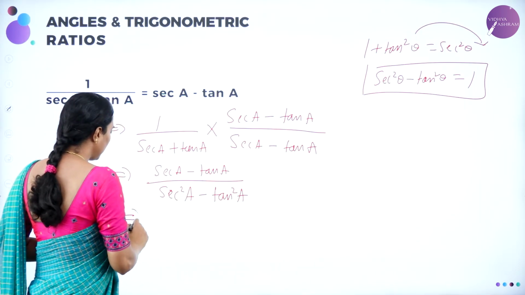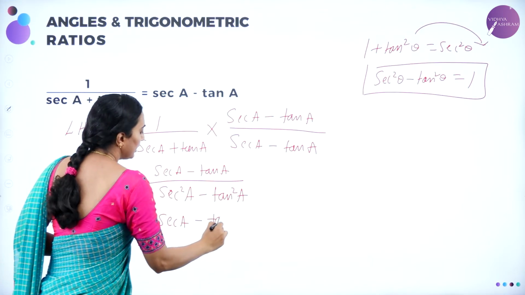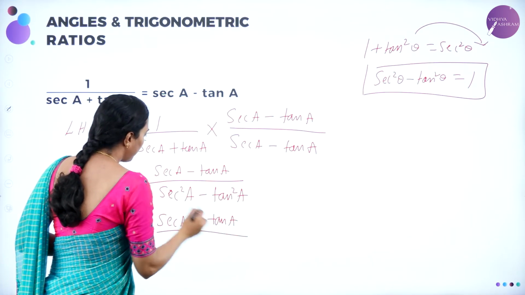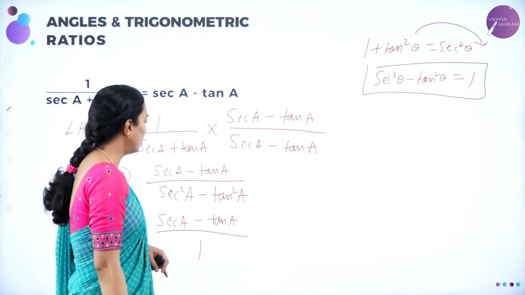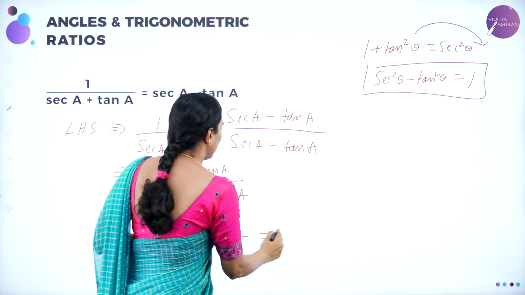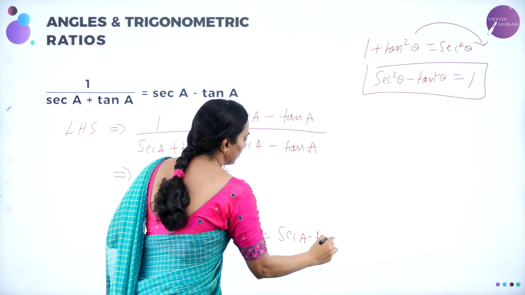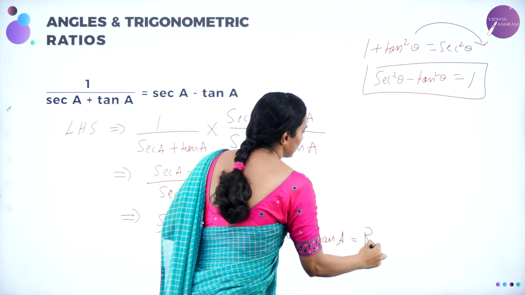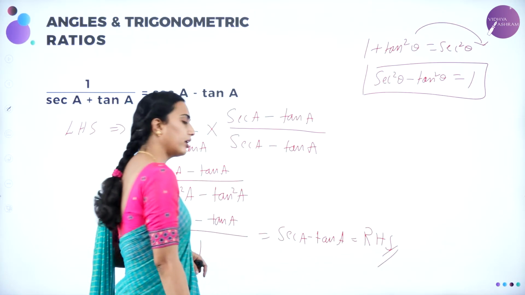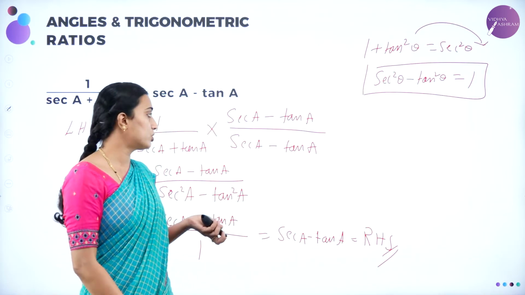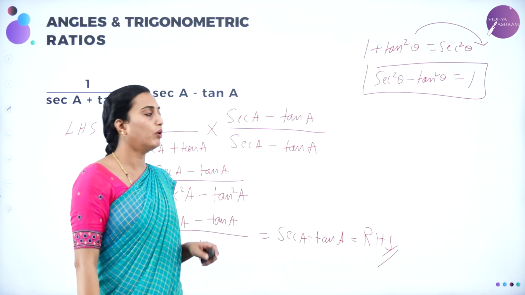Which implies secant A minus tan A divided by 1. Correct? Divided by 1 means the same thing in the numerator, which is secant A minus tan A, which is your RHS. That's it. Okay, I hope you understood this one. We'll move on to the next one.